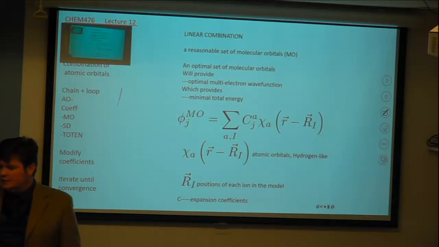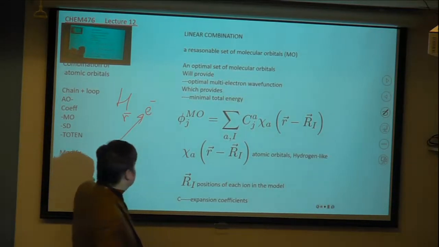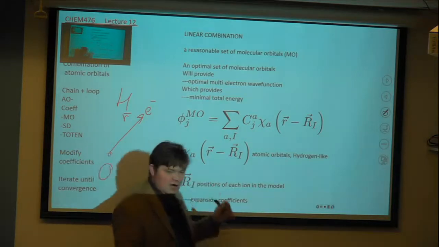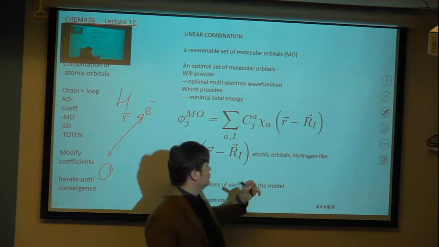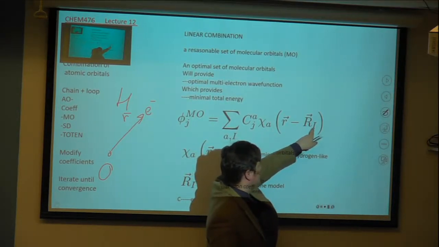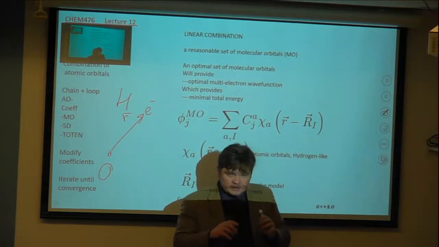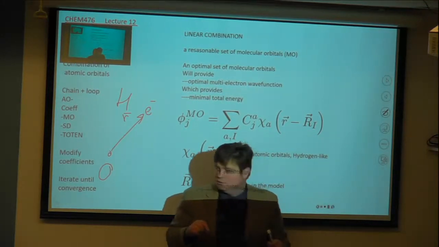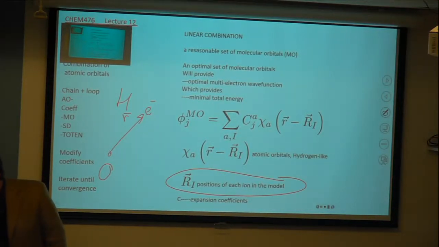So for a single H atom, we have the origin at 0, and then we have the position of this electron, right? And then you get this function. But here the origin is traveling. Whatever our atom is, the origin shifts, right? So for different values of I, there will be different sets of atomic orbitals centered at different origins.